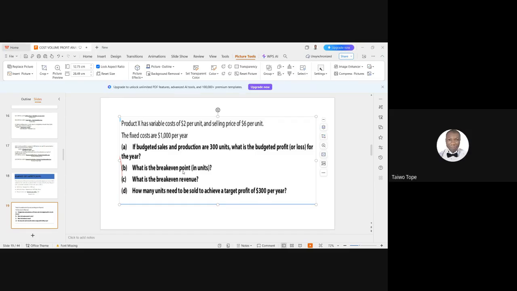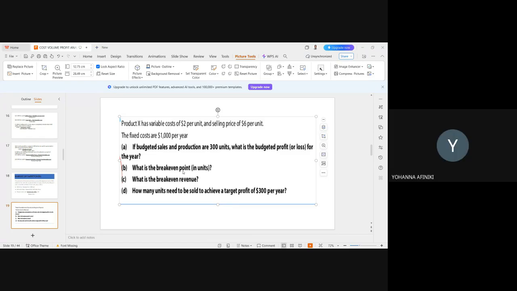Okay. So look at it this way. About 200. Okay, how did you get 200? The unit is 300 units multiplied by the selling price of $6. We now have $1,800.